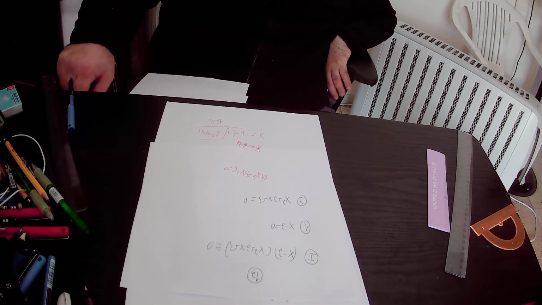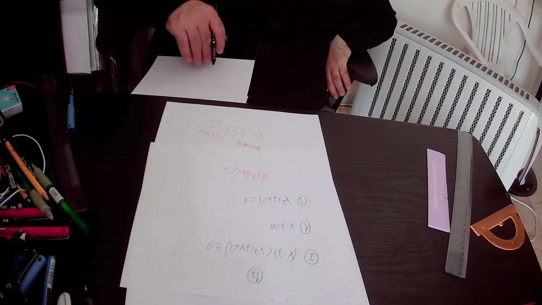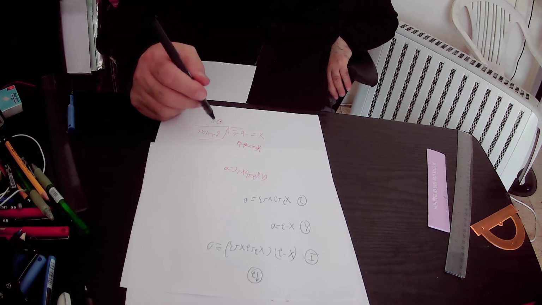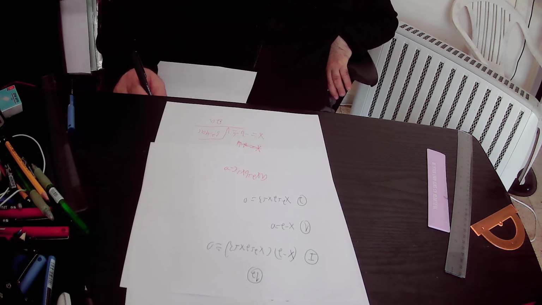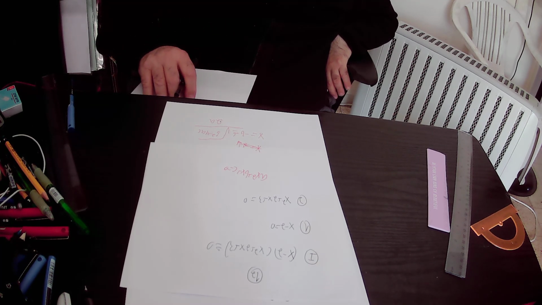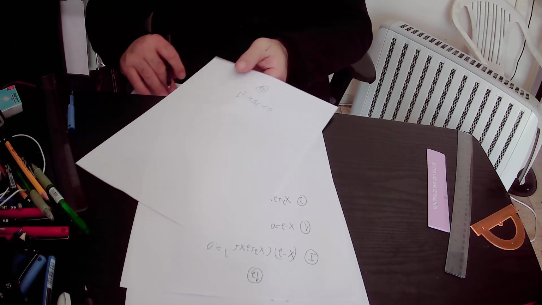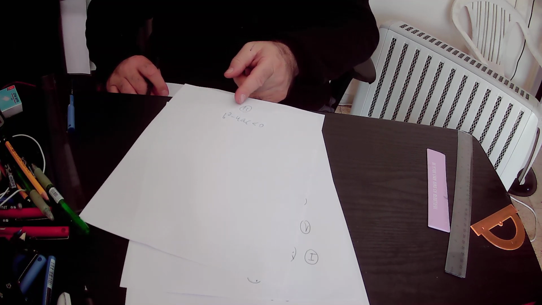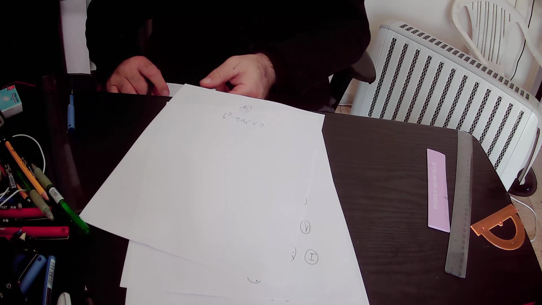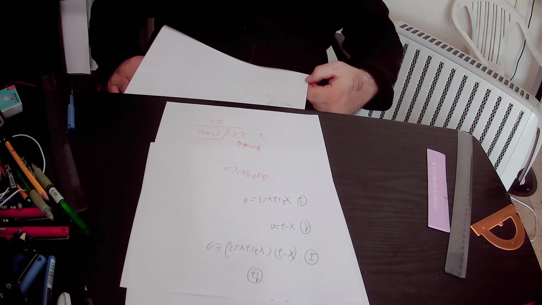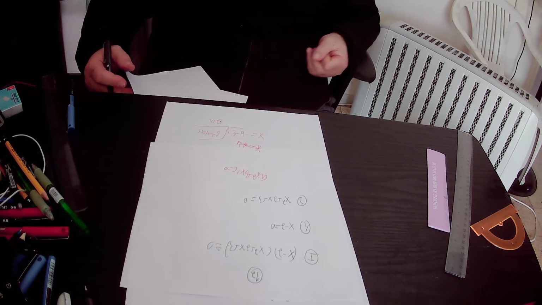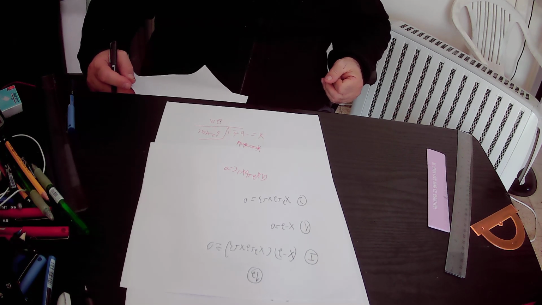So actually, therefore, if the discriminant, that is to say b squared minus 4 times a times c, is negative, then there is no real solution for x.